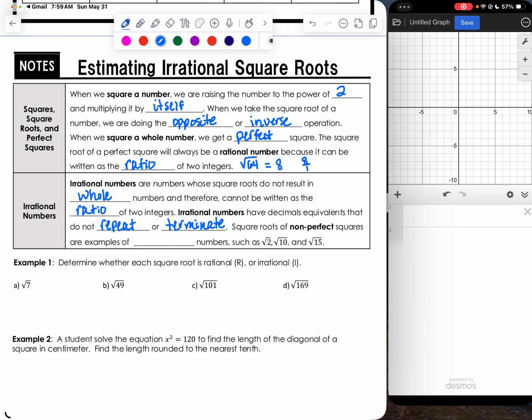Square roots of non-perfect squares are examples of irrational numbers. So, square roots such as square root 2, square root 10, and square root 15, those are not square roots of perfect squares and therefore are irrational.